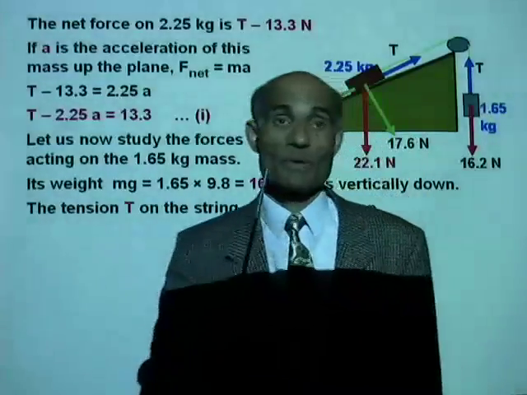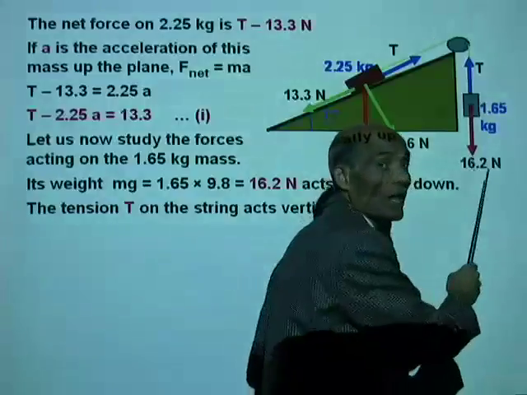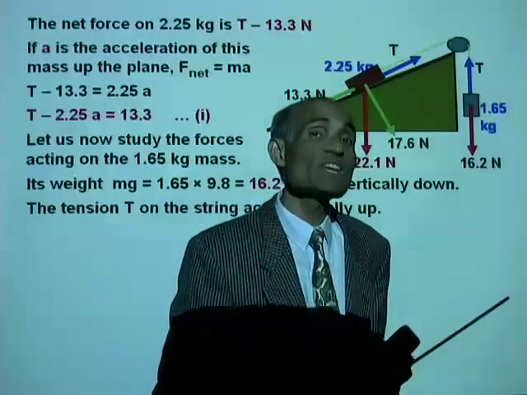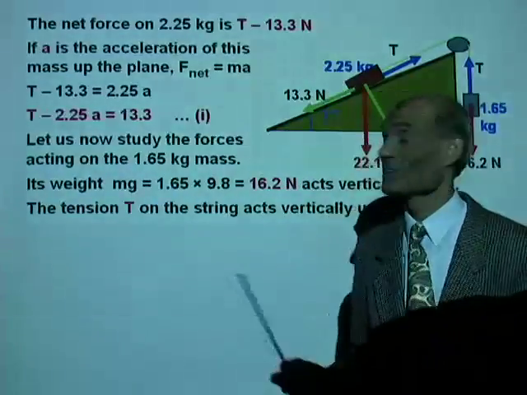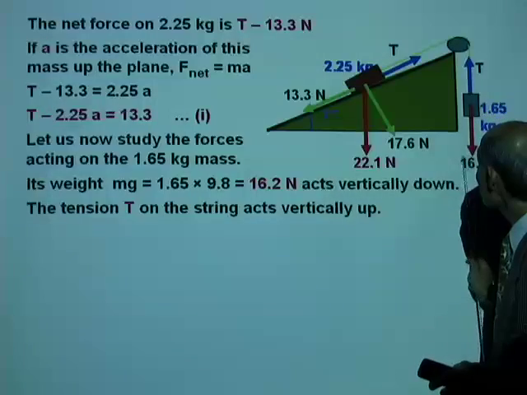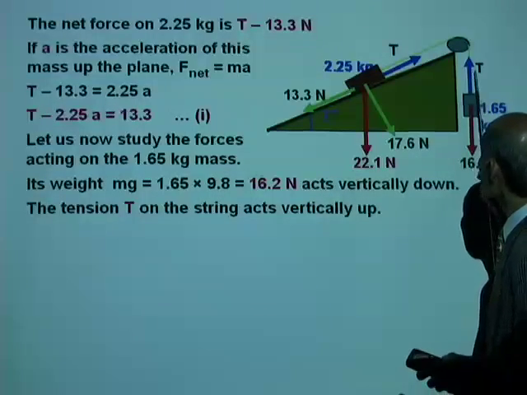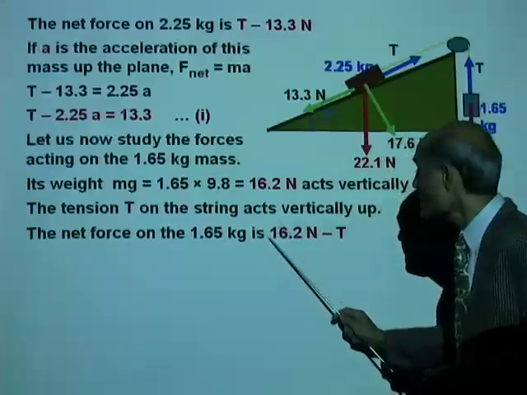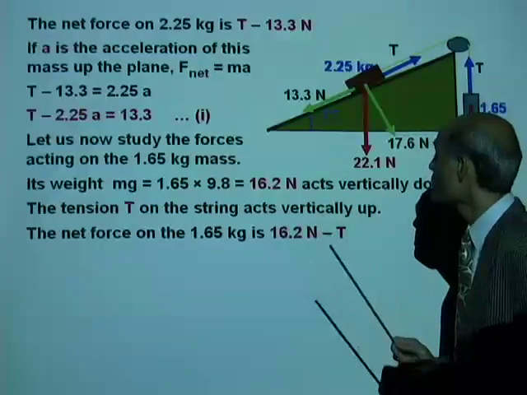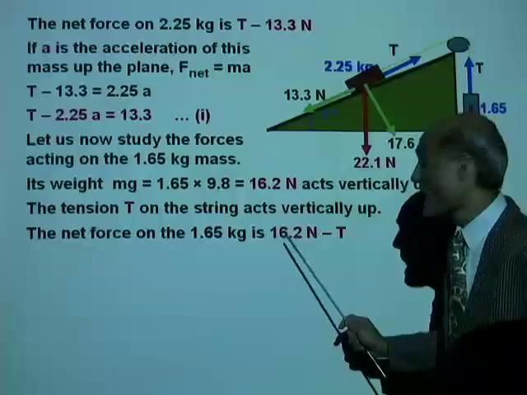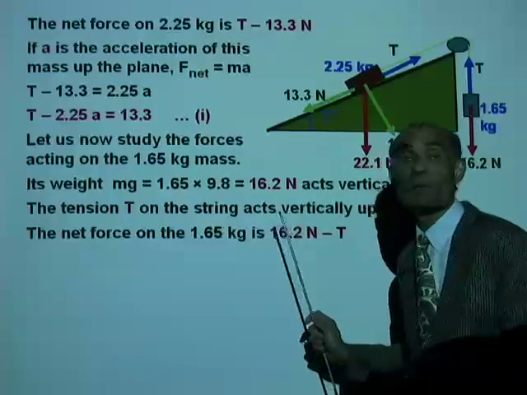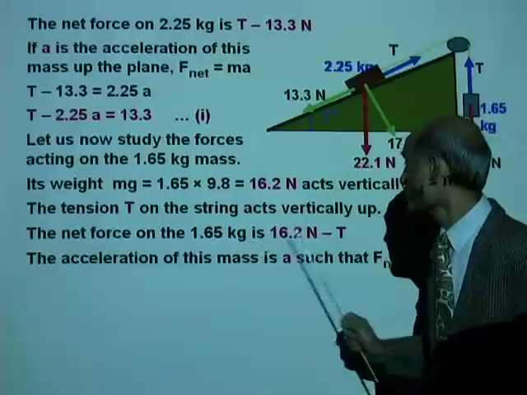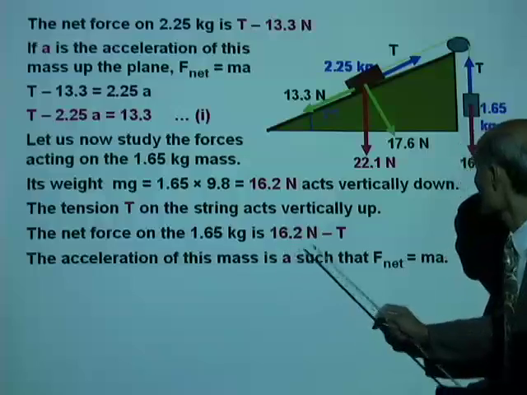Now, the mass is falling, which means what is the net force on that mass? The net force will be 16.2 minus T, and this net force must be equal to mass times acceleration.